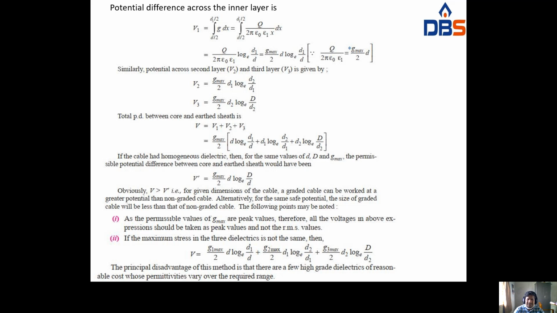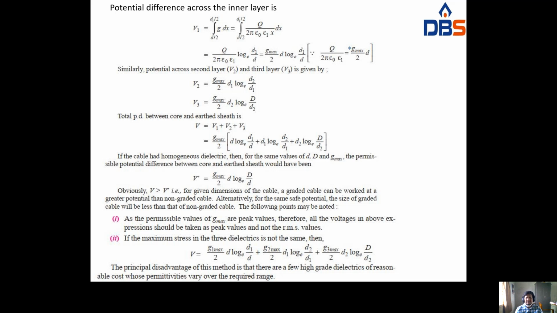So this is nothing but g maximum by 2 d log d1 by d. Similarly, for the second layer, potential across the second layer, V2 is equal to g maximum by 2 d1 log d2 by d1. Similarly, potential across the top layer, V3, is g maximum by 2 d2 log D by d2.